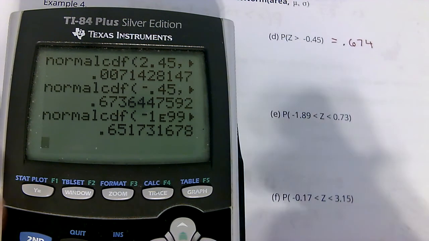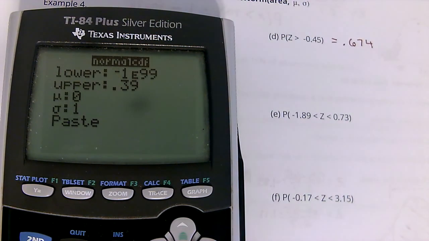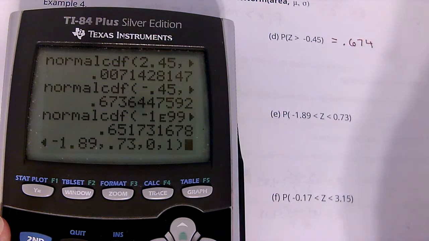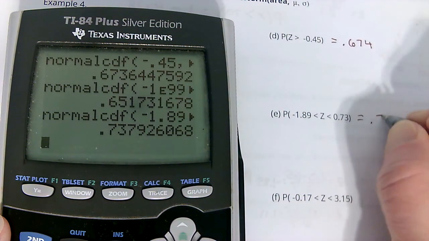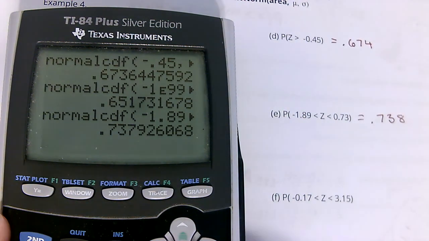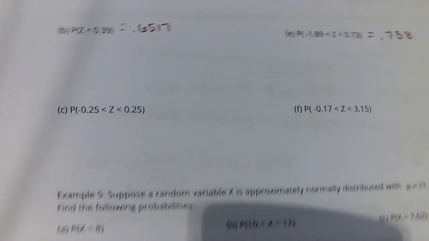Now these are super easy. When it's between, we actually just put the lower boundary and the upper boundary. Normal CDF.